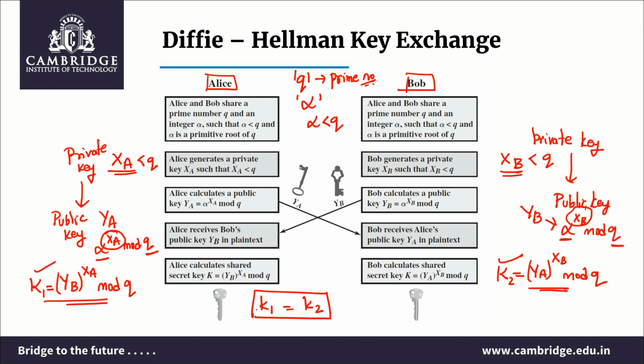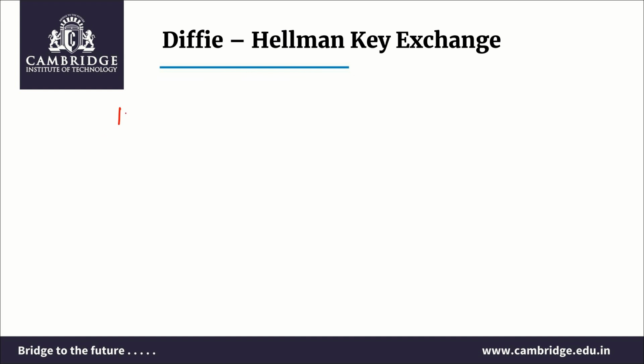So, if they are equal, it means that the key is secretly shared. Now, let's take this K1. What is K1? K1 is YB power XA mod q. Now, tell me how YB is generated. YB is generated as alpha power XB mod q.